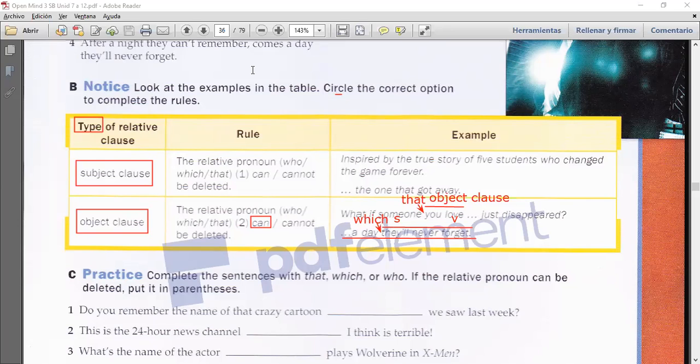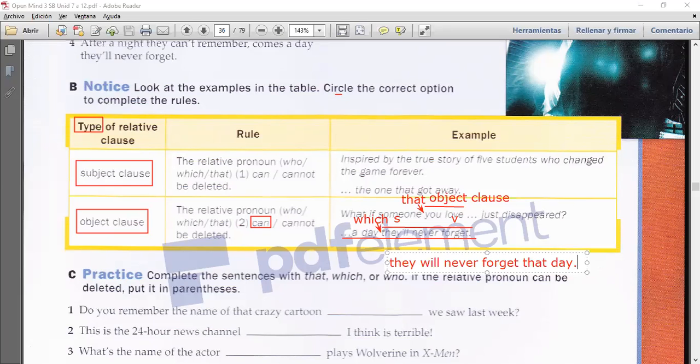So the clause, how is the clause? Now I will extract here, look at. They will never forget. They will never forget what? That day, right? They will never forget that day. A day they will never forget.